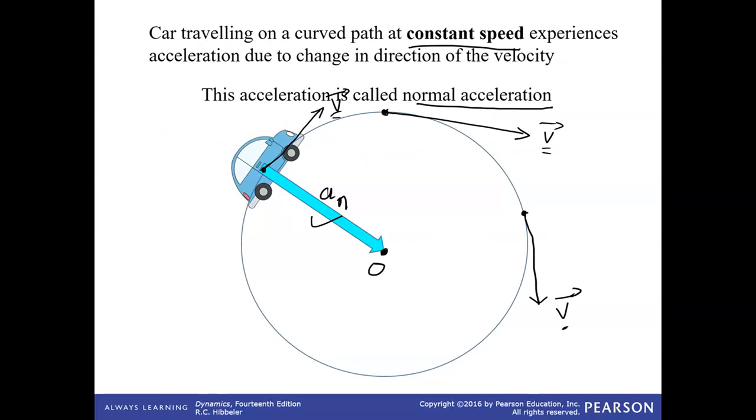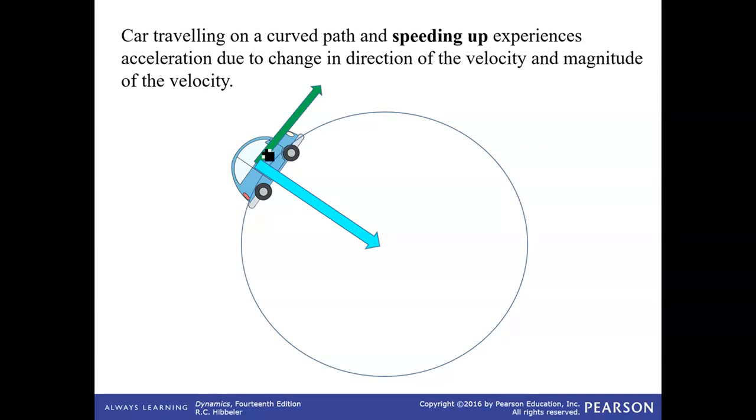Now, what happens when both components of the acceleration are present? For example, the same car traveling along the curved path, but not at constant speed. It's actually speeding up, so it's changing the direction as well as the magnitude of velocity.